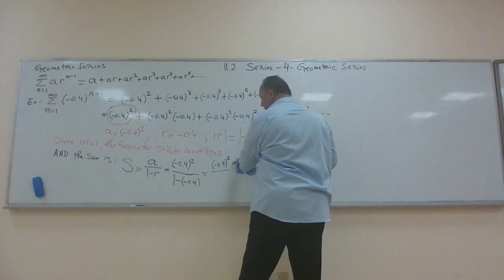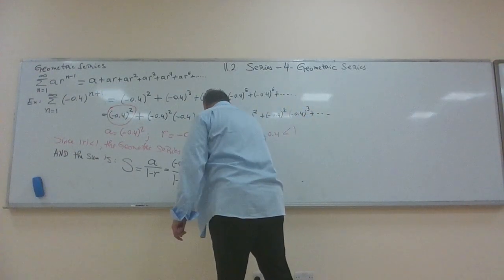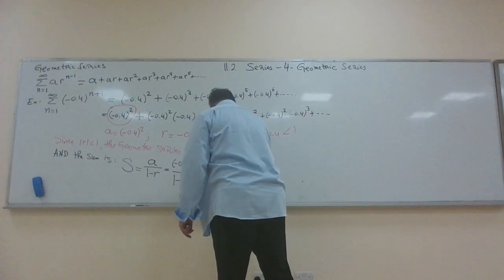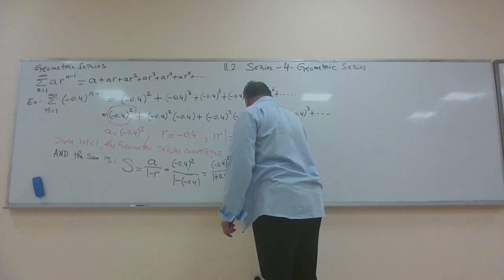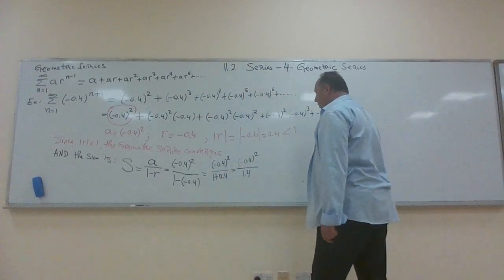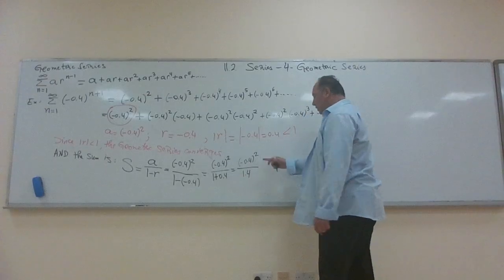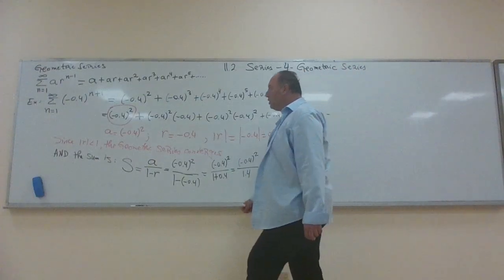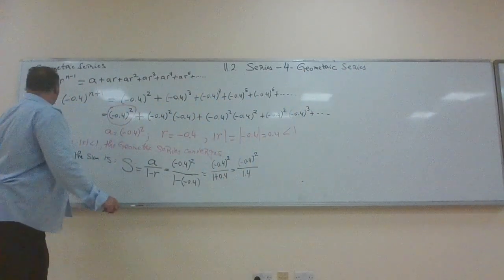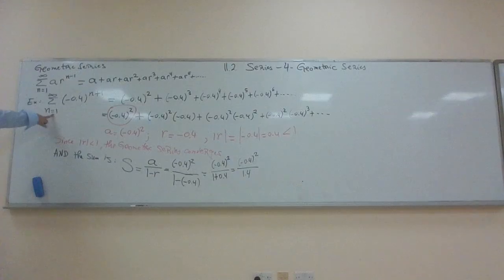At some point we will evaluate this, obviously. So here I have 1 plus 0.4, again squared, divided by 1.4. So we can evaluate with calculator and then get the exact value. So this is the procedure. We need to be careful where we start with the index.